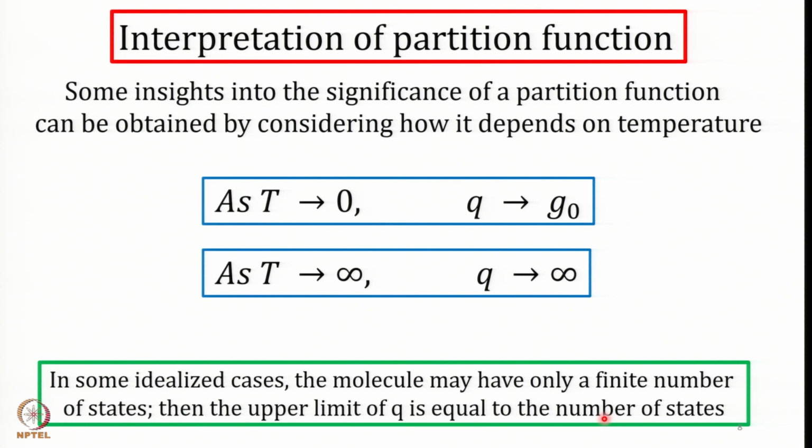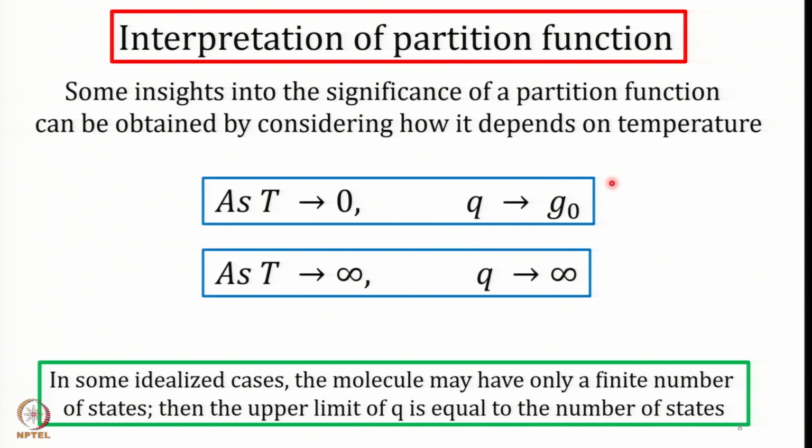We observed that when temperature approaches 0, the molecular partition function approaches a value of the degeneracy of the ground state. And when temperature approaches infinity, molecular partition function approaches a value of infinity.